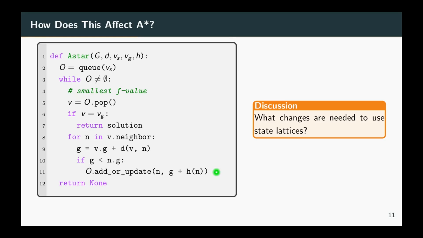One way to think about it is, imagine you would need to implement it. In the last exercise, you might have tried to implement regular A star. Now imagine I would give you 3 motion primitives. What would you need to change in your implementation such that it would work?